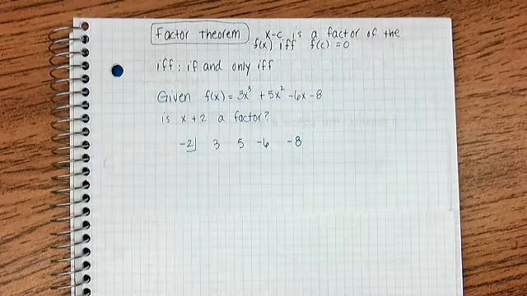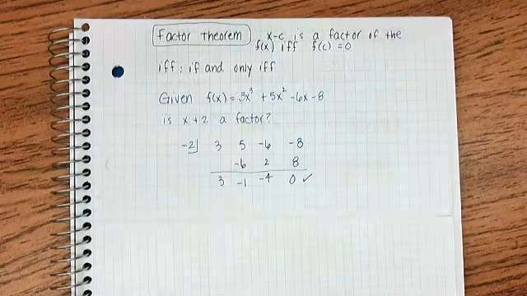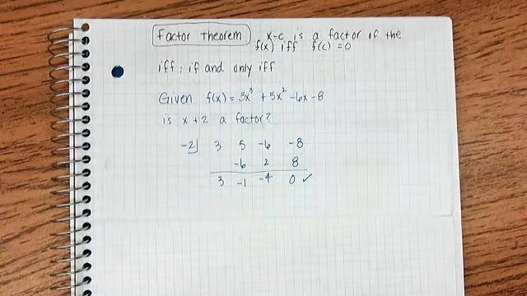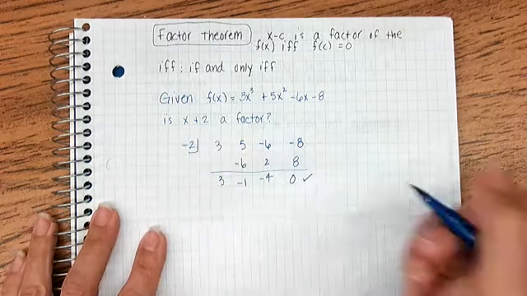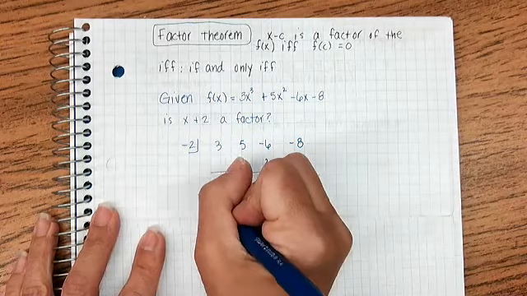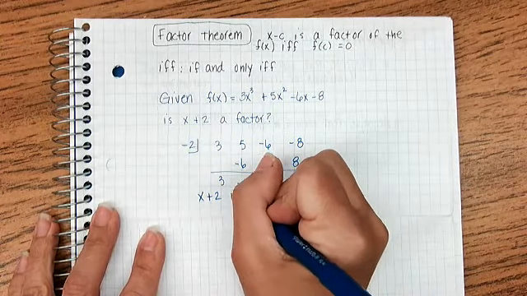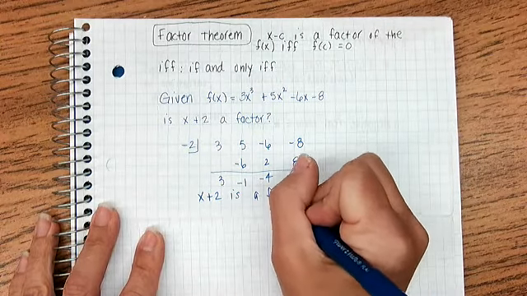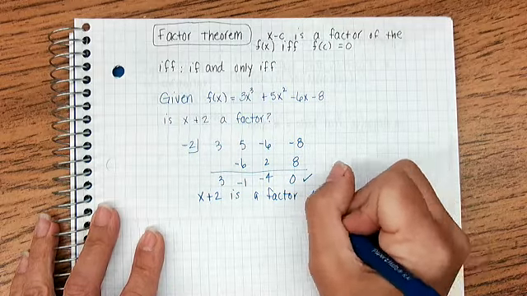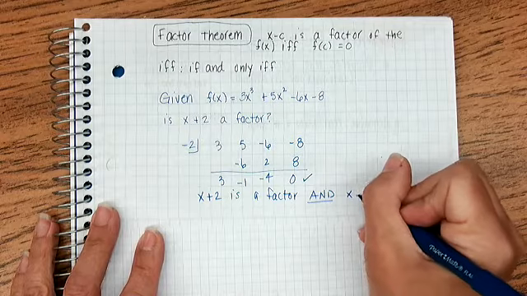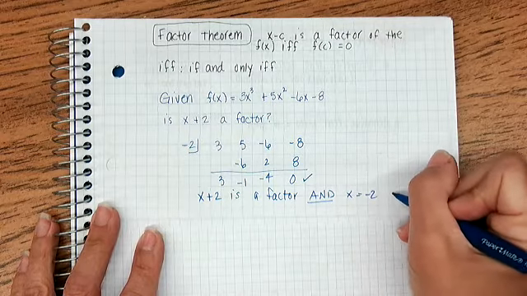Do the synthetic division, synthetic substitution. When you do the synthetic substitution, you get that the remainder is 0. So this means that x plus 2 is a factor and x equals negative 2 is a zero.